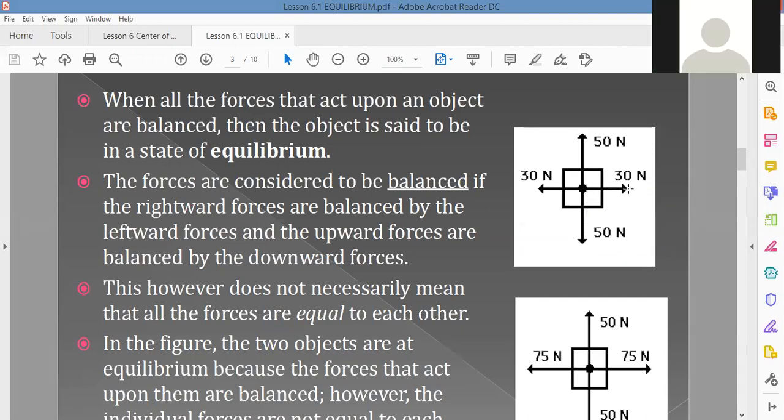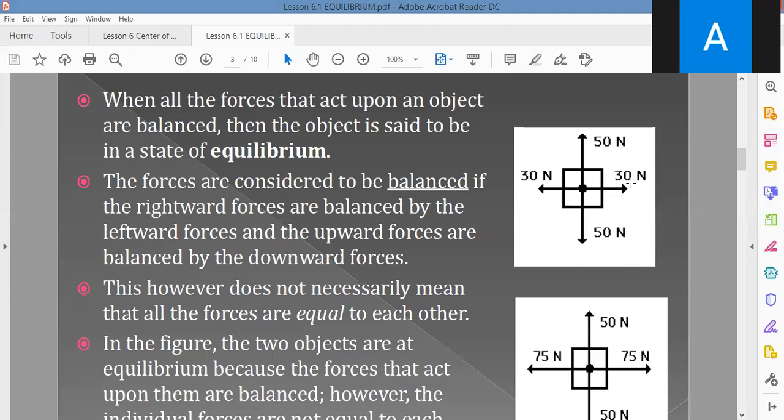Zero. The force going down and the force going up, 30 each. What is the difference of the horizontal forces? Zero. So forces that add up to zero, we call balanced forces. We term it a balanced force because the body will remain at rest.